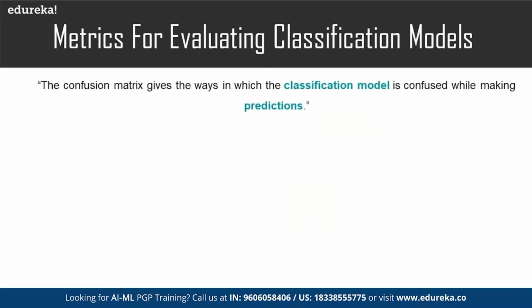Let's talk about the confusion matrix. It shows the ways in which classification models are confused while making predictions. I'll give you an example. It summarizes the prediction results of classification problems.